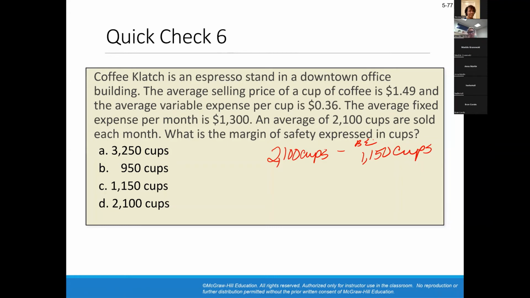That's just the sale price less the variable expense. Okay, and that gave us the 1,150 cups. So that's number 3. That's where I'm getting that number from. So we take the difference between the two, and we get 950 cups. So B.